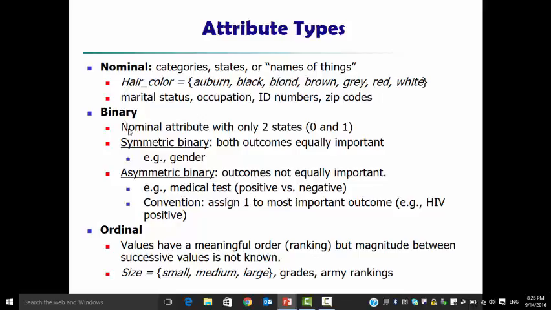Binary attributes have only two states, 0 or 1. Ordinal means there's some order, some ranking. So size could be small to large, right? That type of attribute. Age is also ordinal, right? Age 21, 22, 23.